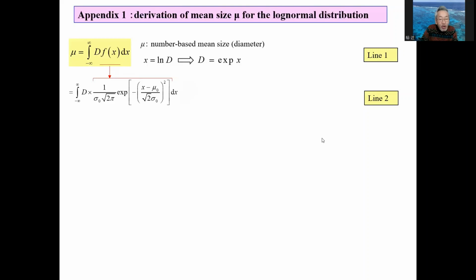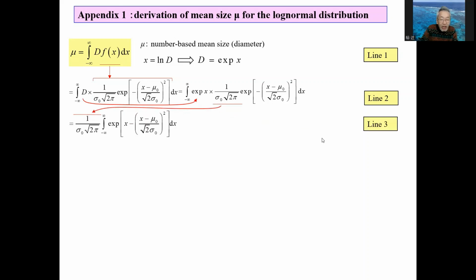Substitute the log normal equation to fx. Rewriting d as exponential x gives the second expression on the second line. Putting the constant part out of integral and connecting the two exponential functions together gives us the equation on the third line.